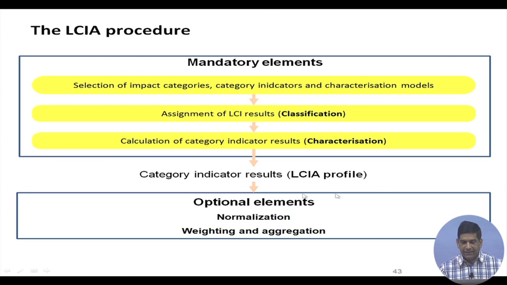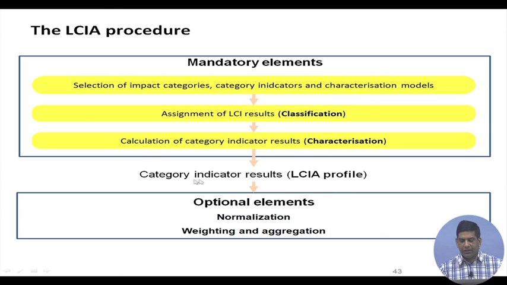That leads to your optional elements: normalization, weighting and aggregation. Those are optional, and the earlier ones are the mandatory elements that you need to do. Many times you may see that some LCA reports just stop at this stage.